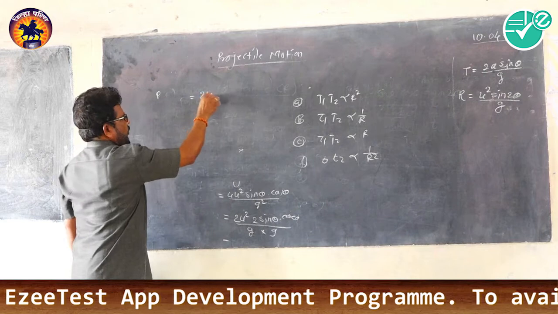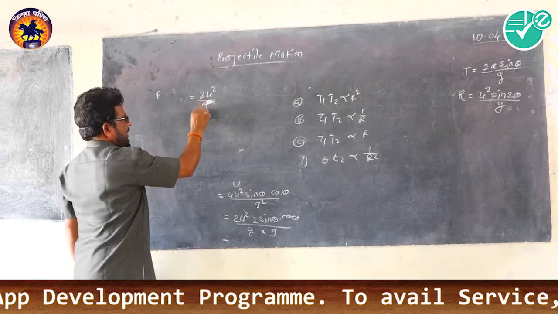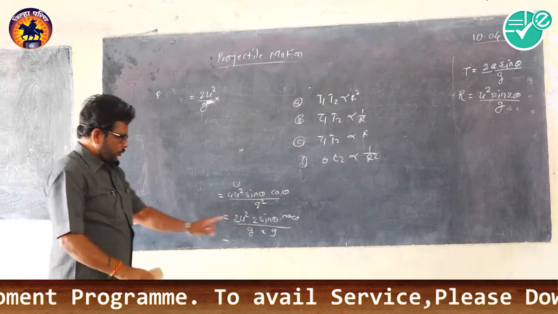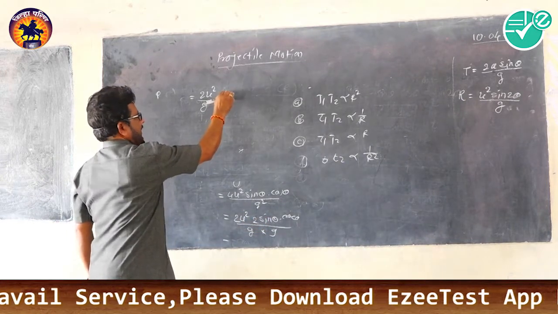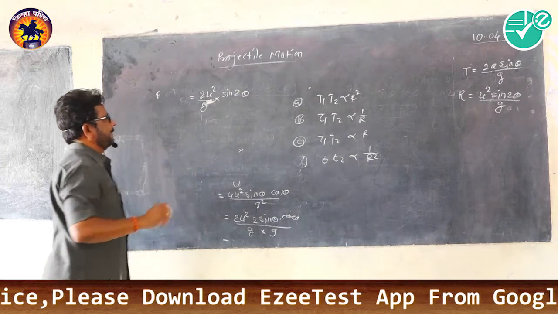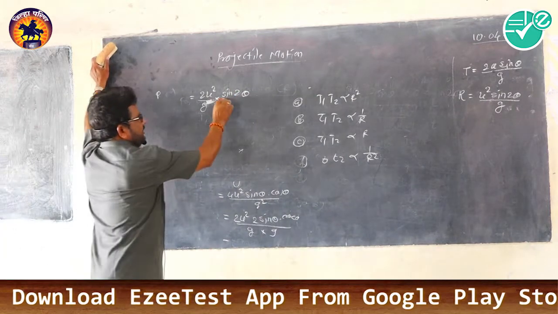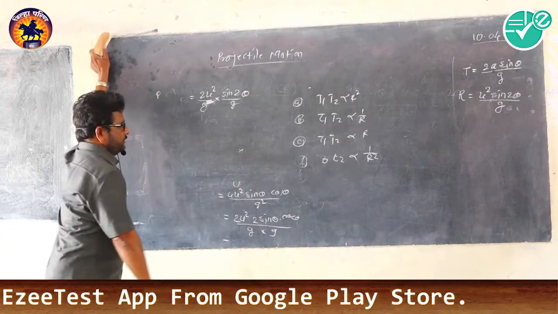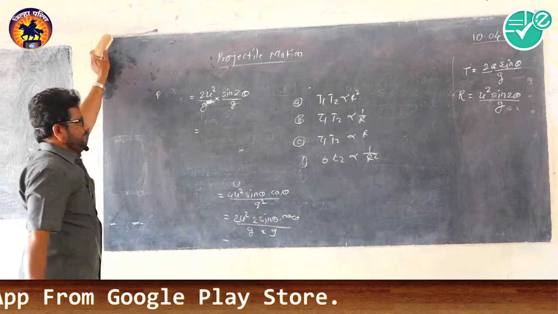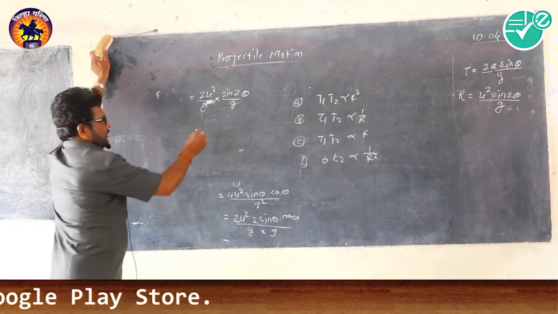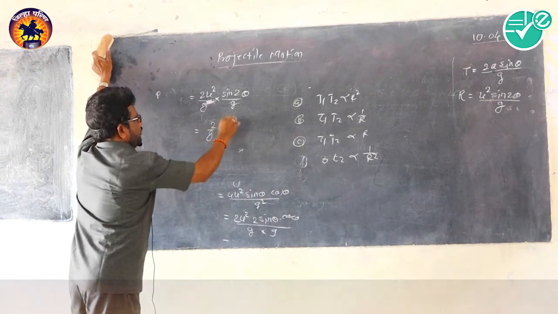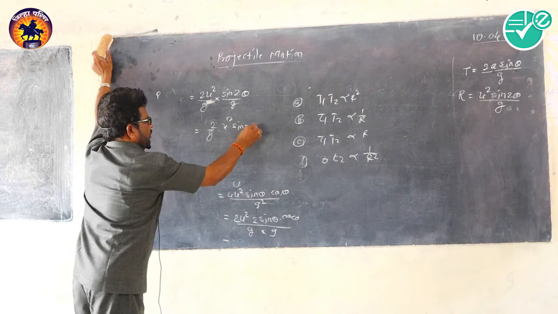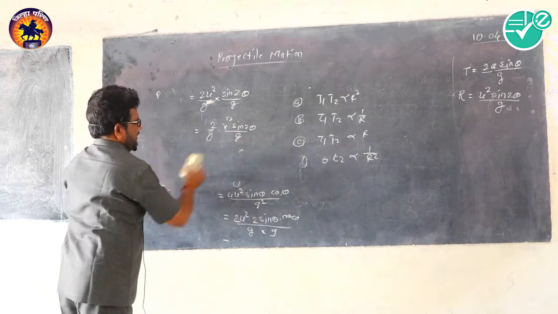That is equal to 2u square upon g into 2 sin theta cos theta, that is sine of 2 theta, upon g, and therefore that is equal to 2 by g into u square sin 2 theta upon g.